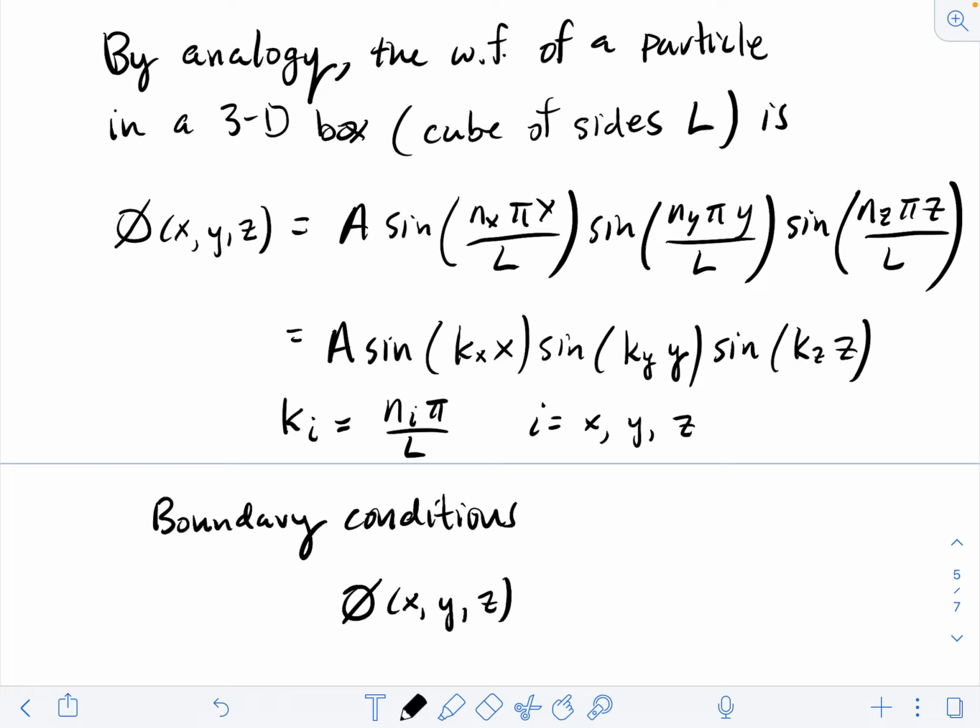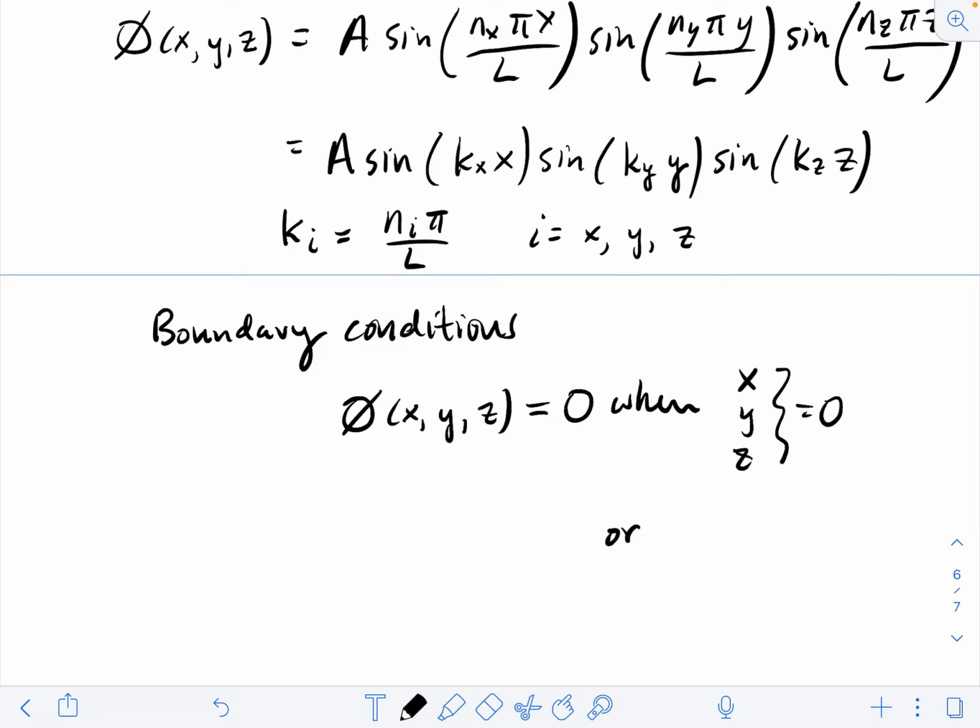And the condition is that the wave function has to vanish when x, y, or z are equal to 0, or when x, y, or z is equal to L. And so you can see that's why you have to have the product, because if z is equal to L but x and y are not, we still require the wave function to vanish, and taking the product of these sine functions achieves that.